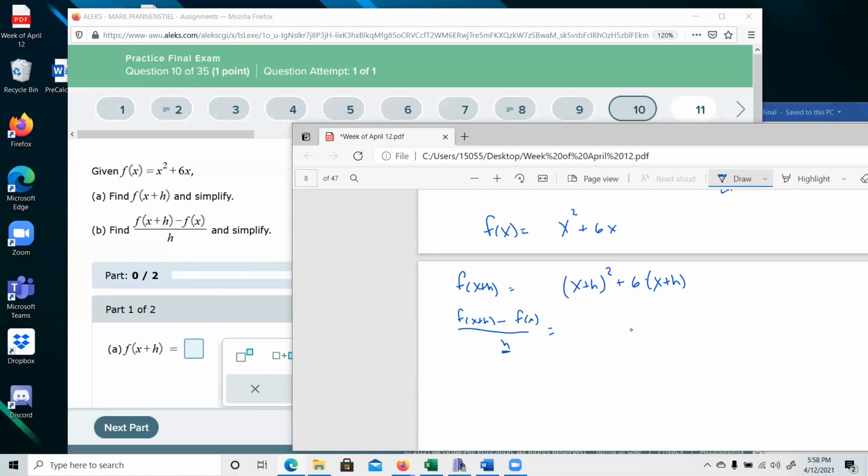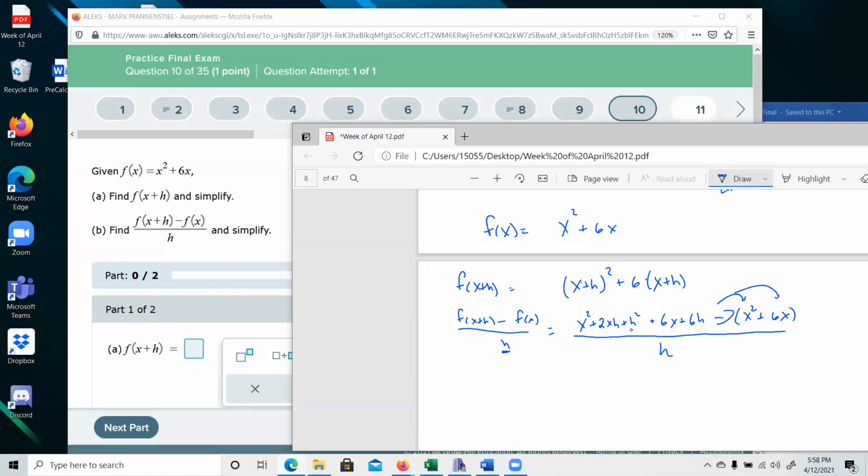So this is going to be x squared plus 2xh plus h squared, and that's multiplying that out. Plus 6x plus 6h minus, and we have to do x squared plus 6x here. Okay, distribute the negative sign to both terms.